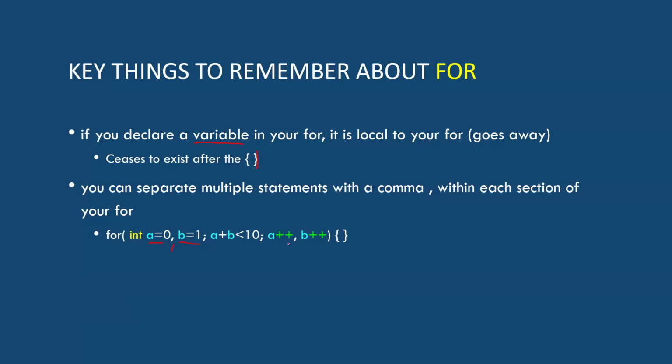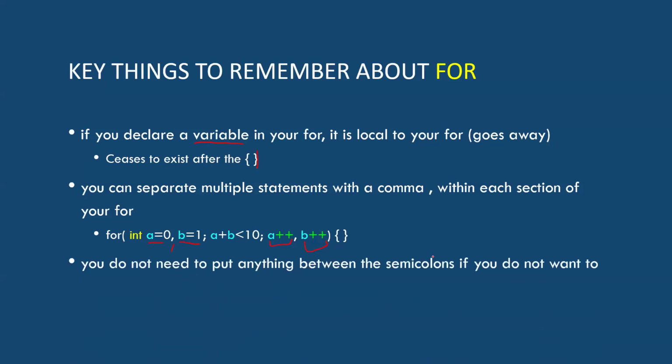And then you can also separate commands inside of here with a comma as well. It's not super common, but you can do some super tricky for loop stuff that way. Very compressed, very optimized code, okay? So it's a lot more powerful than maybe we might think, okay?